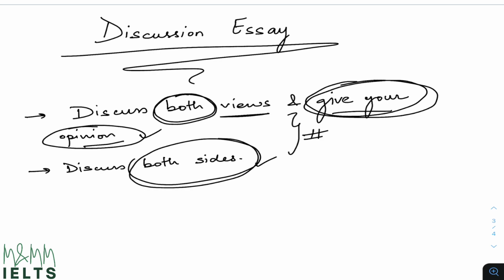This is absolutely wrong. If we do not discuss both the types or both the views or both the ideas they have in the essay title, then it is a problem. So please make sure you discuss both the sides and then give your opinion if they have asked for it. So the first step would be to understand the question and identify what is expected out of you.